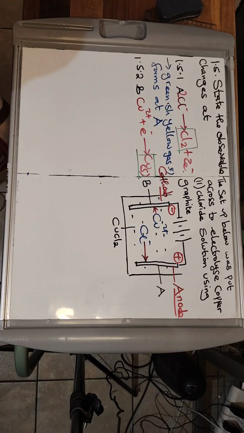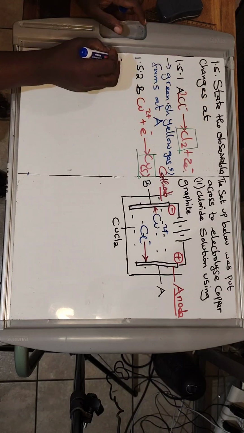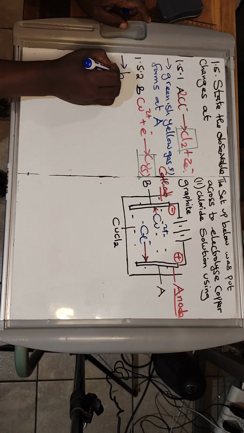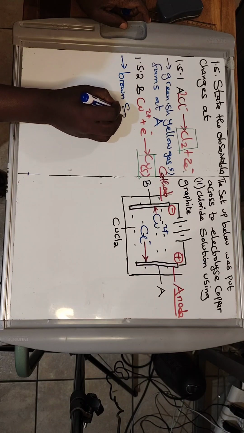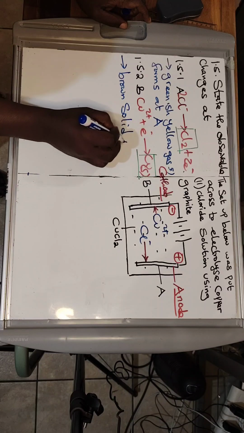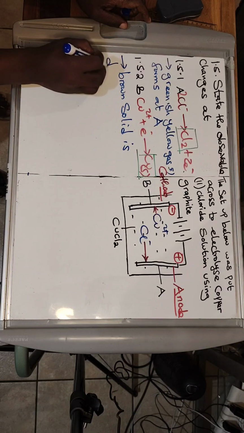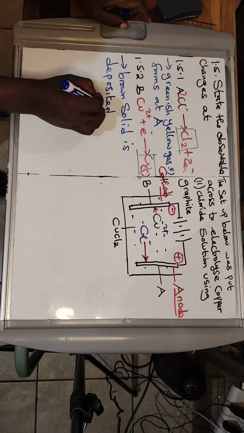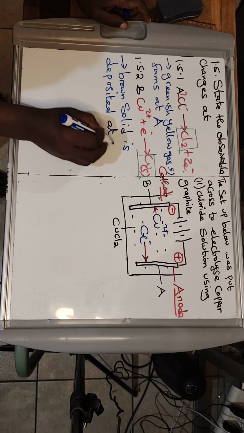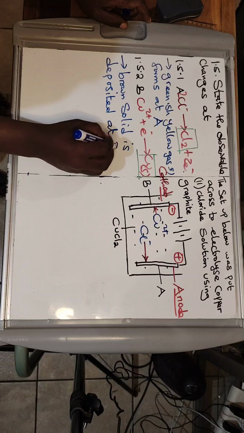So, if you know the color of copper, because copper solid is brown, you can say brown solid is deposited at B.